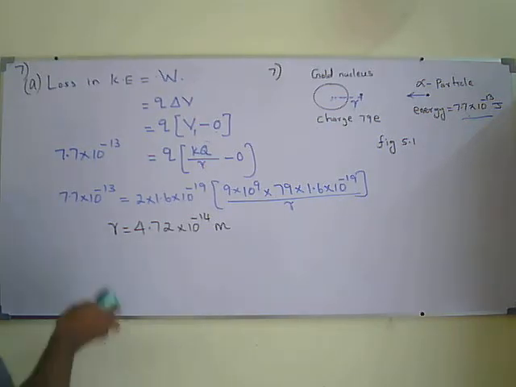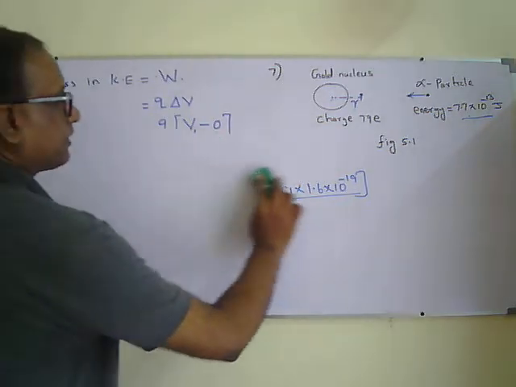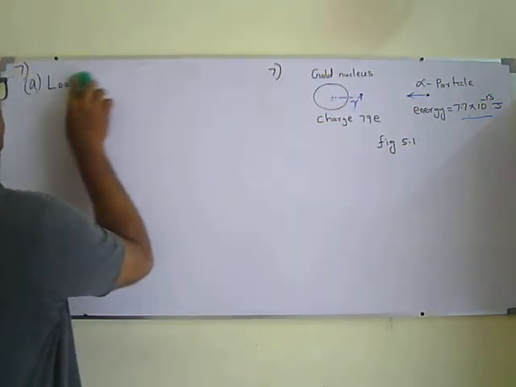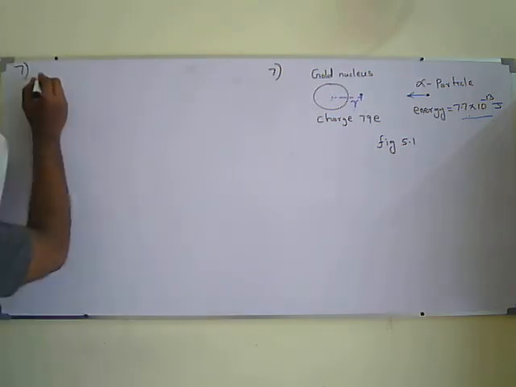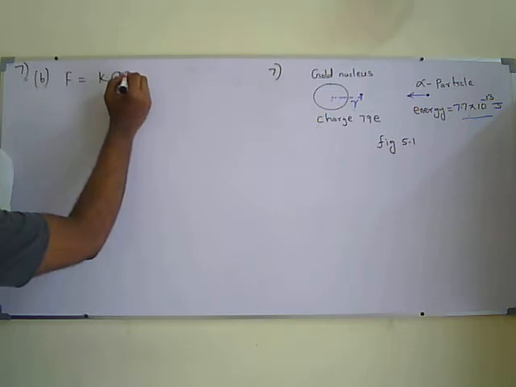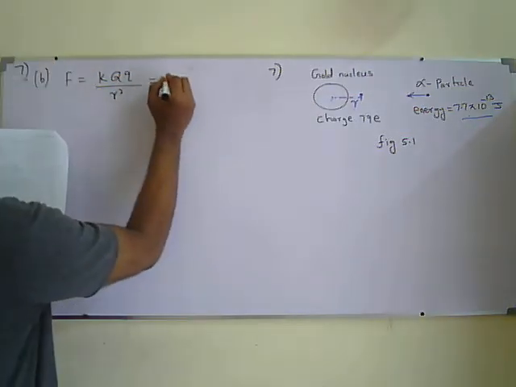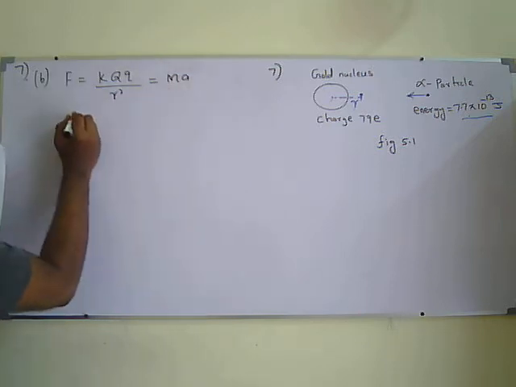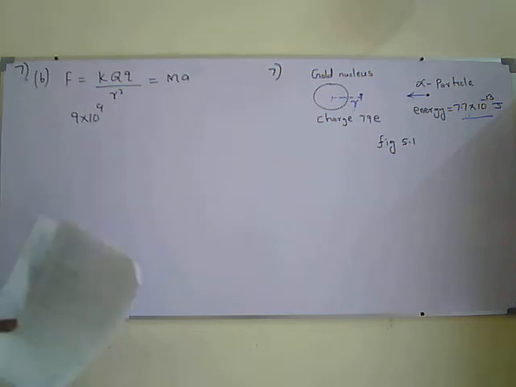Okay, so that we can find by using electrostatic force between the gold nucleus and the alpha particle and Newton's second law, F equal ma. So F equal k q1 q2 over r square, r is this distance, equal ma. So k I can say 9 into 10 to the power 9, or 8.99 times 10 to the power 9, but I am using easy 9 into 10 to the power 9.